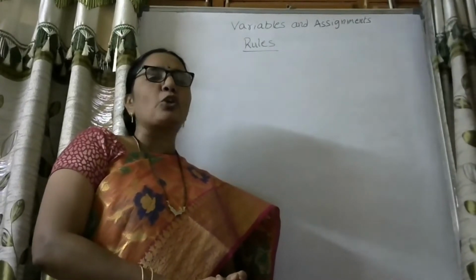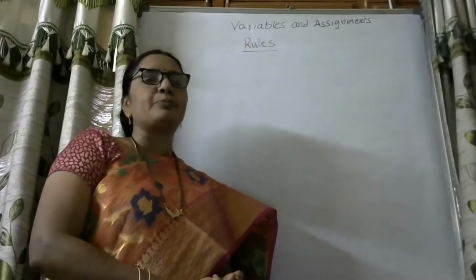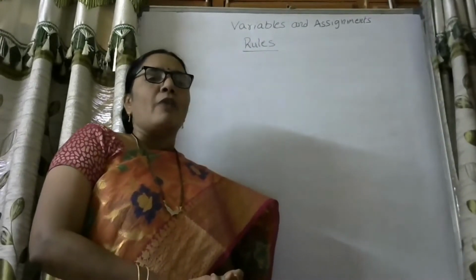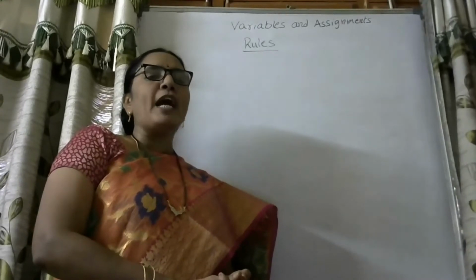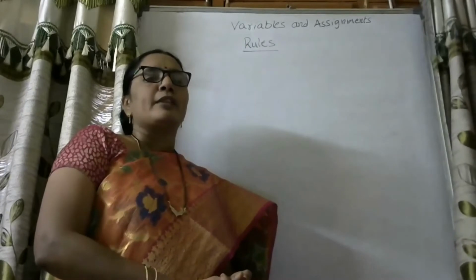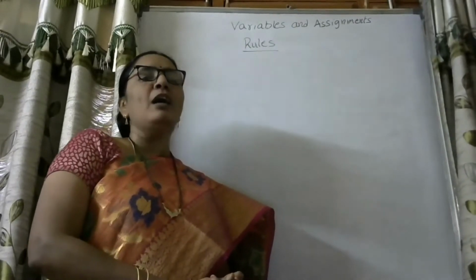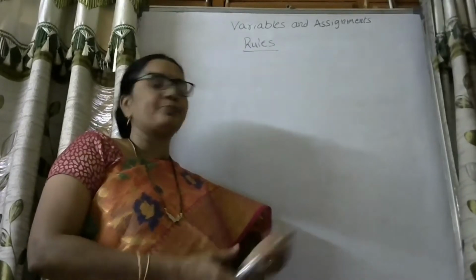The names should be meaningful and short. When more than one word is used as a variable name, the words are to be combined by using the underscore symbol.